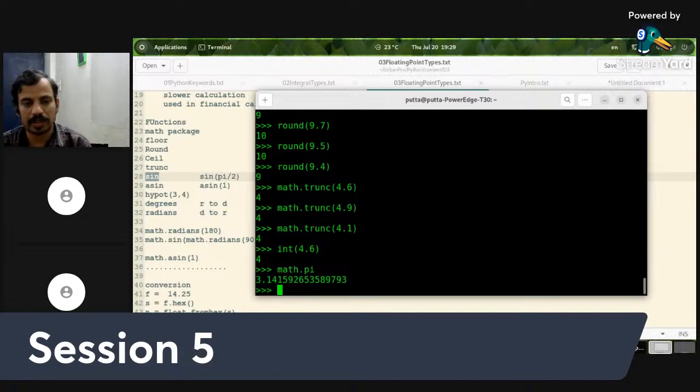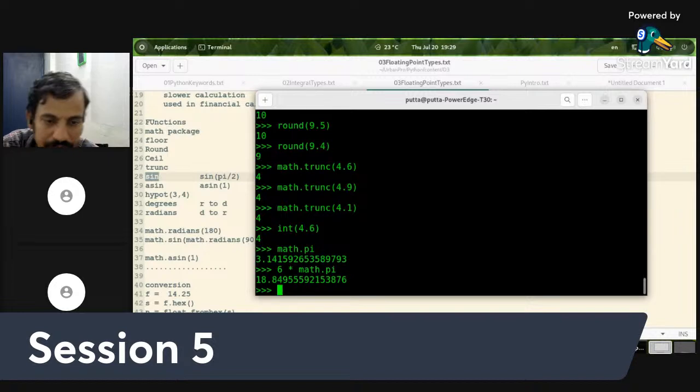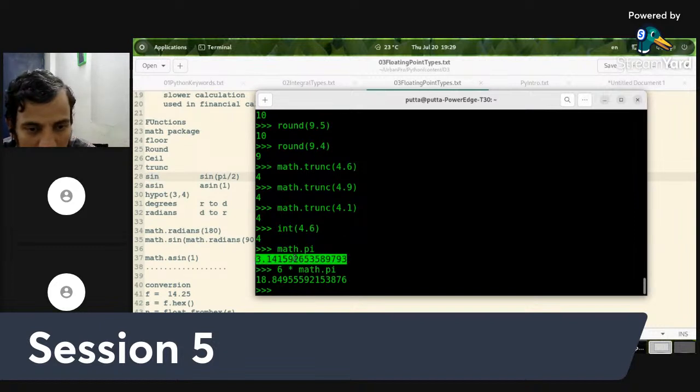If you want to use it in your computation, let's say I want to do 6 into pi, I just have to write 6 star math dot pi. And in which measure is the pi value displayed here? Is it in radians or degrees?